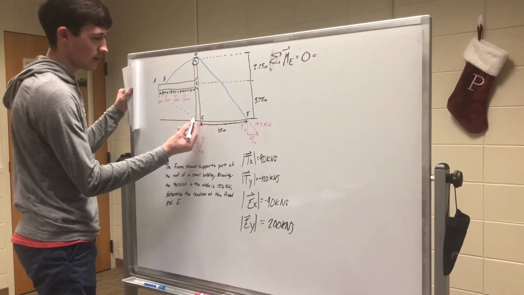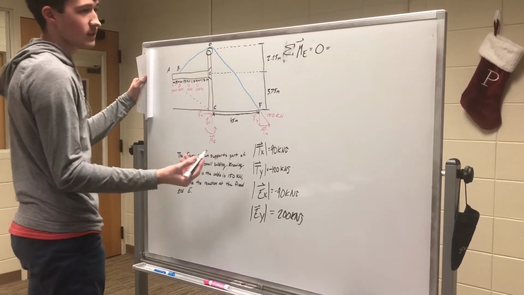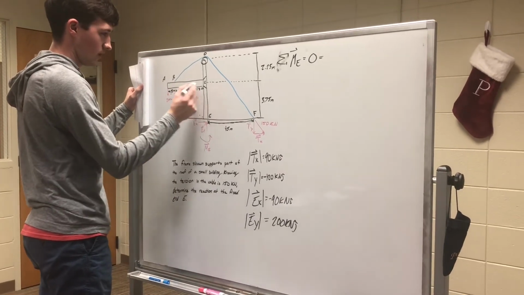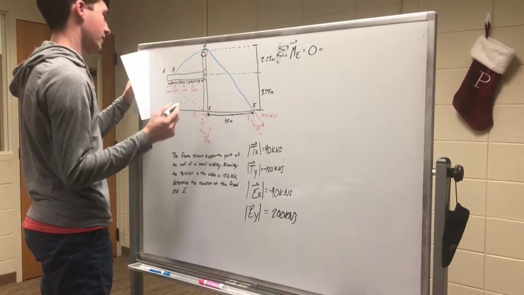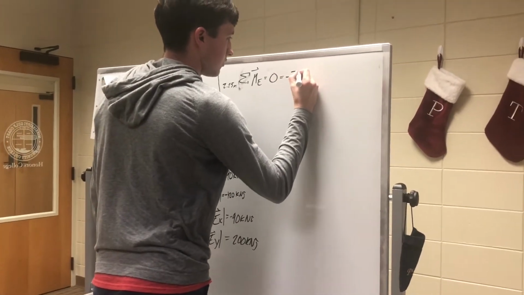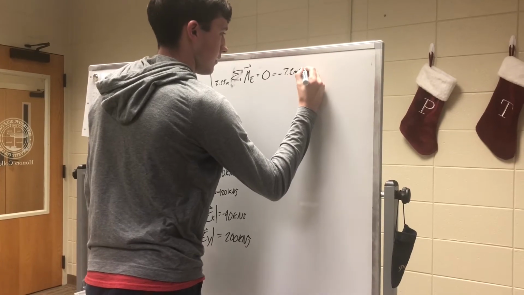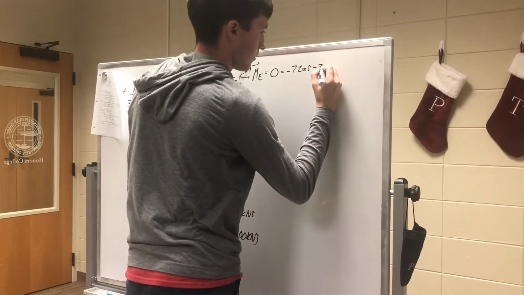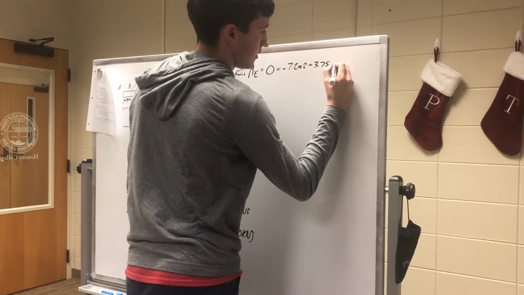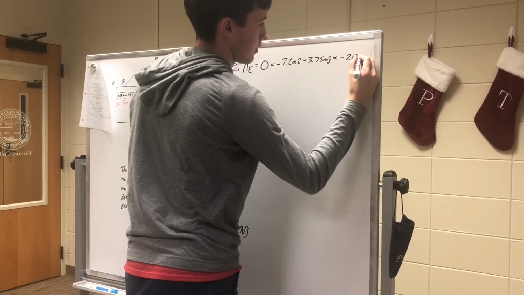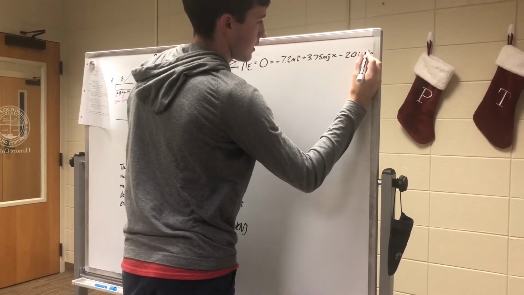So using the distance formula, we do final minus initial, which this total distance for point A is going to be negative 7.2 meters I hat, and that's also with the component of 3.75 meters j hat. And we're going to cross that with a negative 20 kilonewtons j hat.